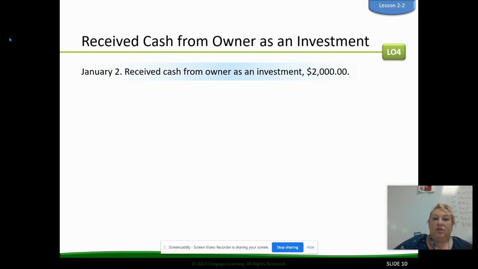So, this first transaction we've already done in accounting in the last chapter. January 2nd, we received cash from the owner as an investment. Remember, the first two words tell us our first account, received cash. So cash is our first account. Did it go up or down? Since I received it, it went up. So that's my first half.